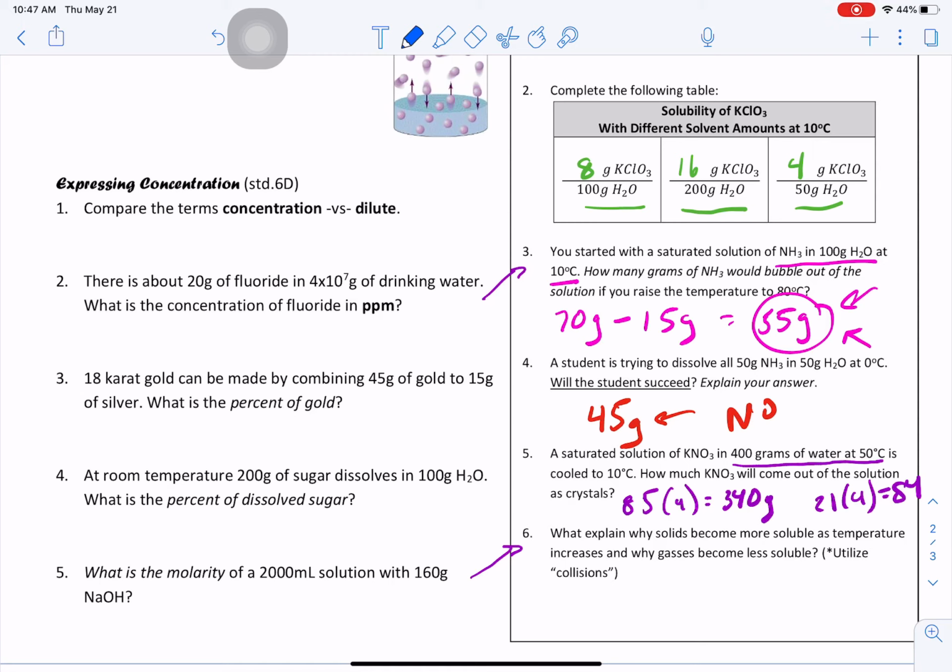It's also going to allow the water molecules to move and bounce around and collide more frequently with those solute particles and break them up. That's why it's able to dissolve more, and more easily, at higher temperatures. And gases are the opposite, right? When we increase the temperature, the gases become excited and are able to exit the solution.